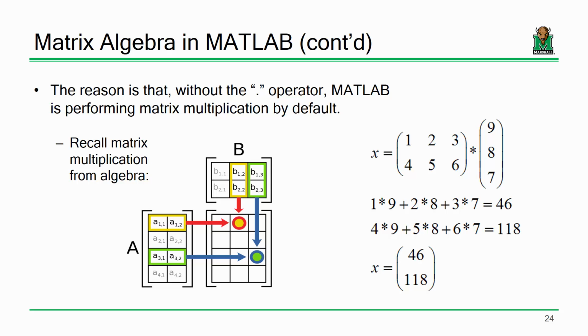So what is this, like 1 times 9, 2 times 8, 3 times 7, right? And 4 times 9, 5 times 8, 6 times 7. Y'all remember doing that? One way you could do this graphically is you could take your first matrix, put it over here on the left, your second matrix, put it over here on the top, and then for a given term, just go this times this plus this times this, and then just go down like that.